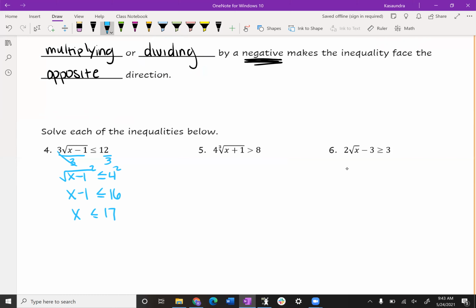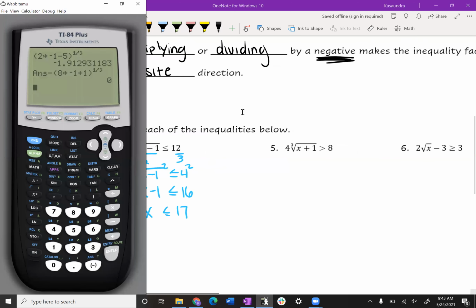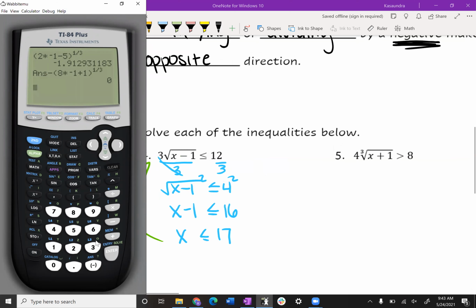All right, so as far as checking the answer goes, I can pick some number that is less than or equal to 17. Maybe I'll pick like a 10 or something like that. And I want to plug it into the original and see if it's true. I chose a 10.